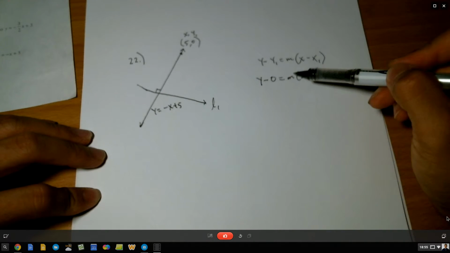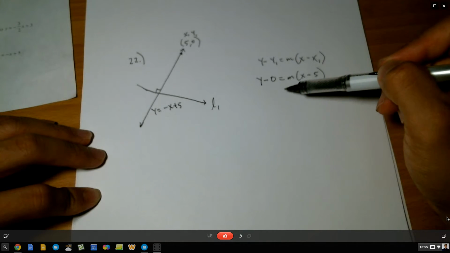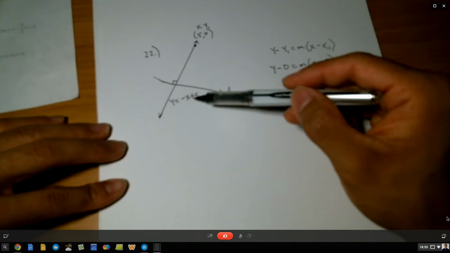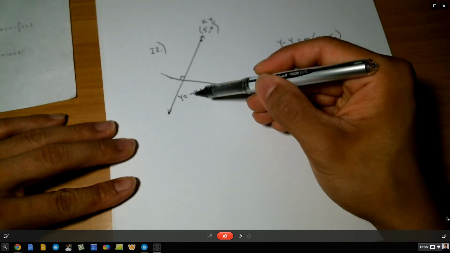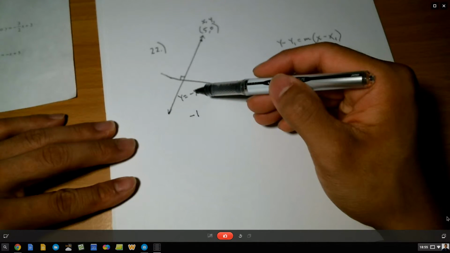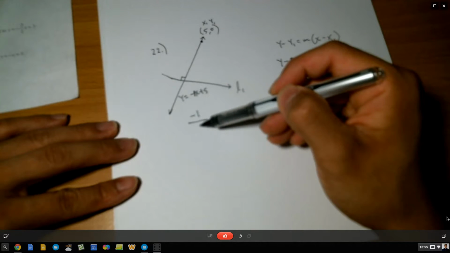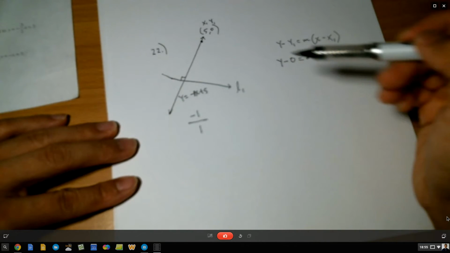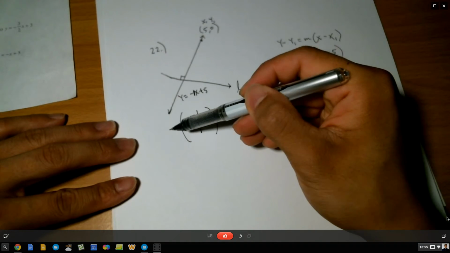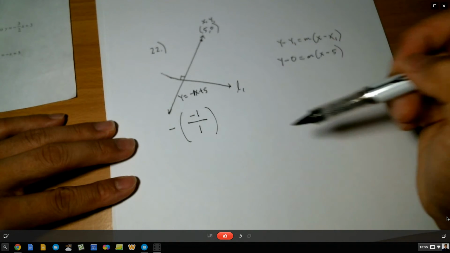Now the question is, what is m? What is the slope of this line? Well, as we learned in class, the slope that's perpendicular to y equals negative x plus 5 is simply: take the slope that we have, negative 1 here, flip it, which is still negative 1, and take the opposite sign, or negate it.